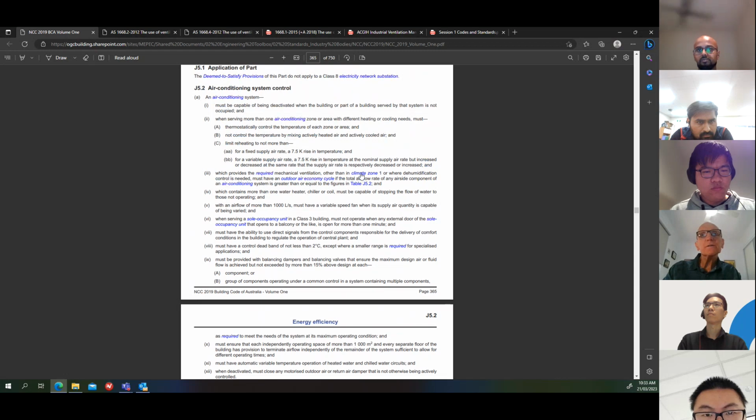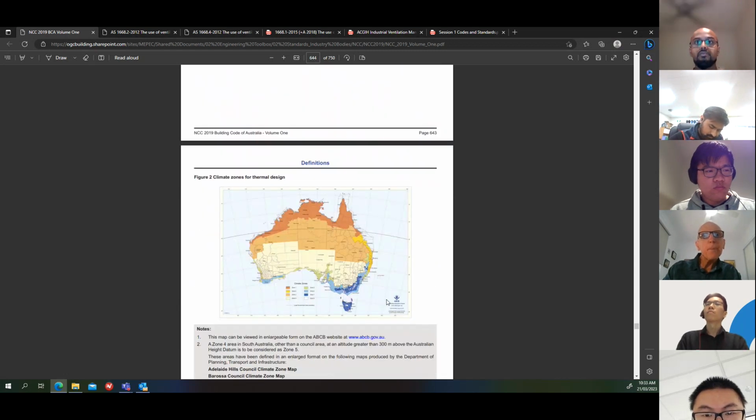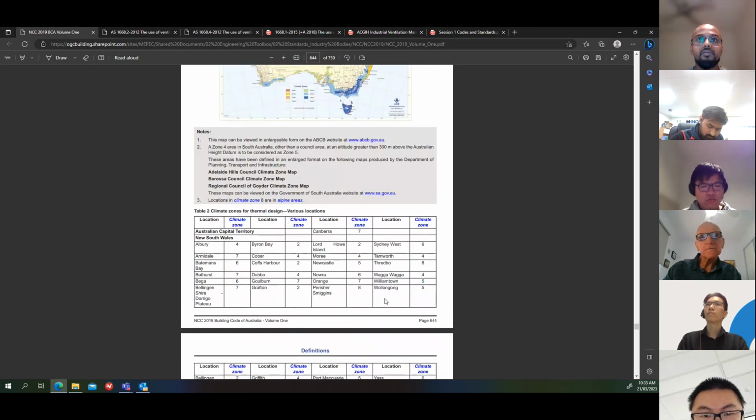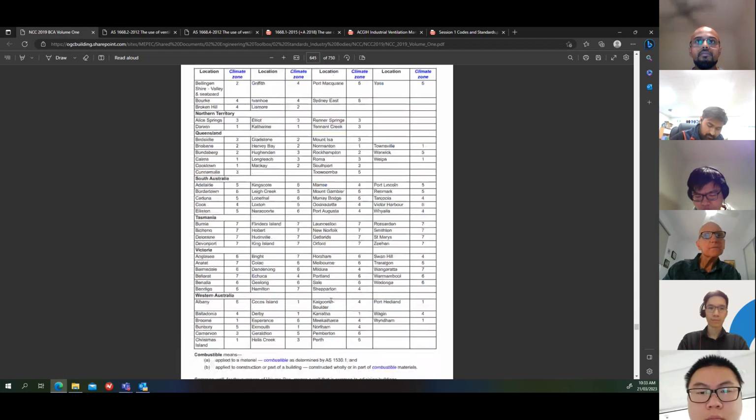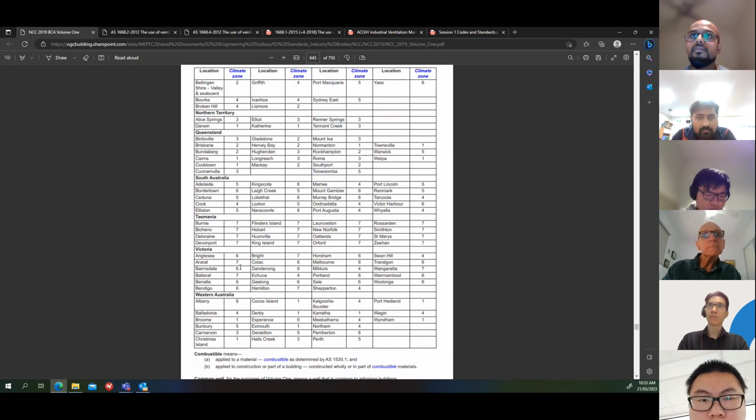And the climate zones, if you click on this link here, shows you a map of Australia and then gives you a list of different towns and cities around the country and what their climate zone is. So if you go to Melbourne, climate zone 6. Out in the west, it's 7, and so on.